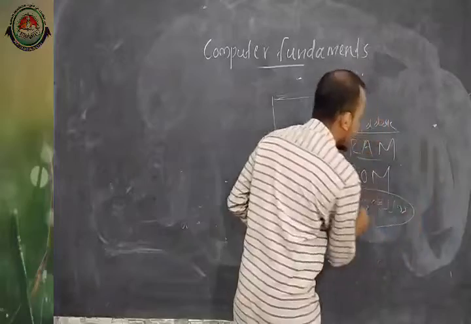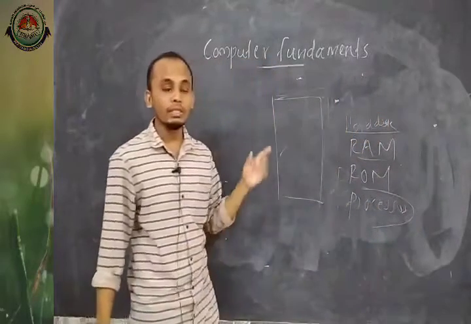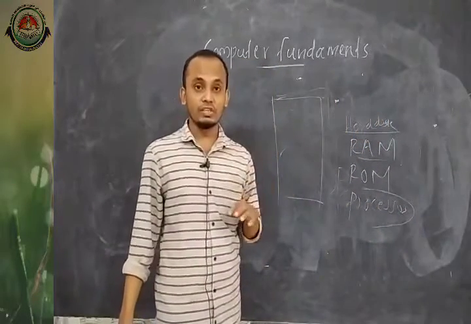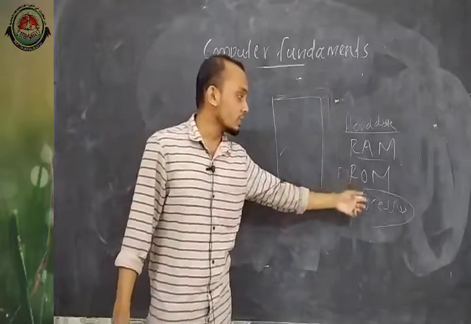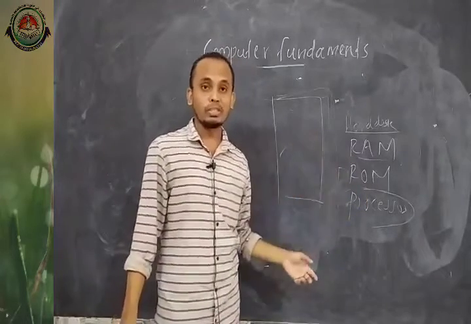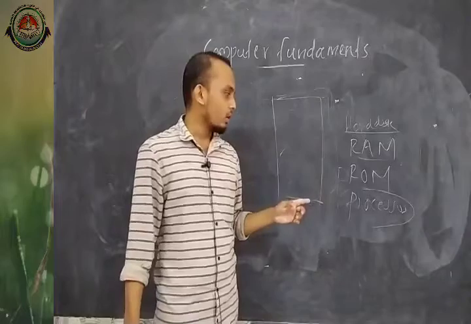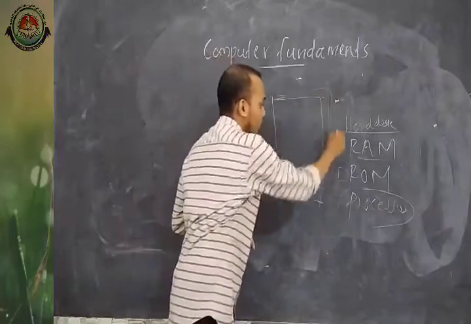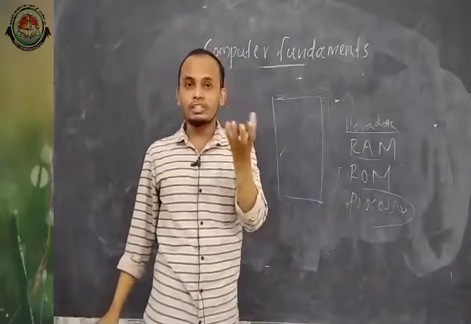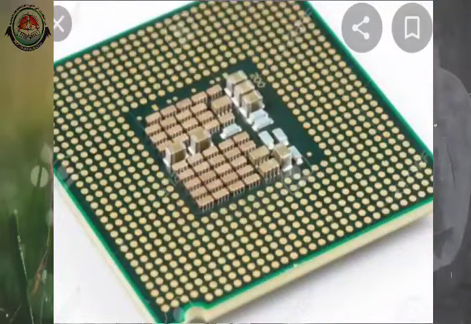What is processor? After getting the instruction from the input devices, processor will process that data. Okay, processor, this is not a processor. Processor is a small chip. Okay, a small device. Did you understand what I said?